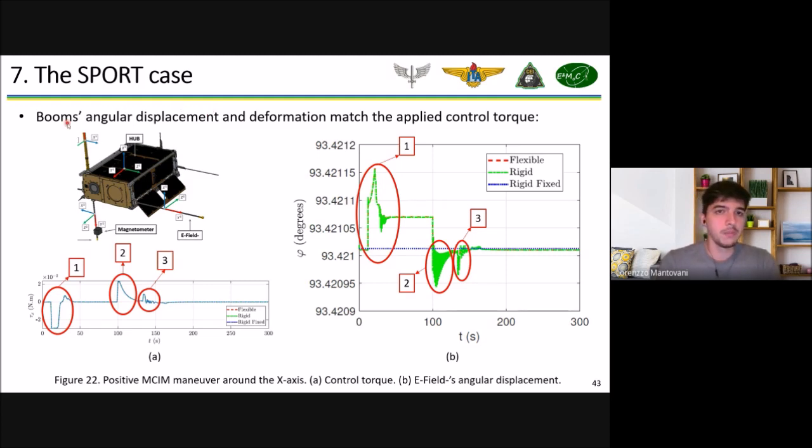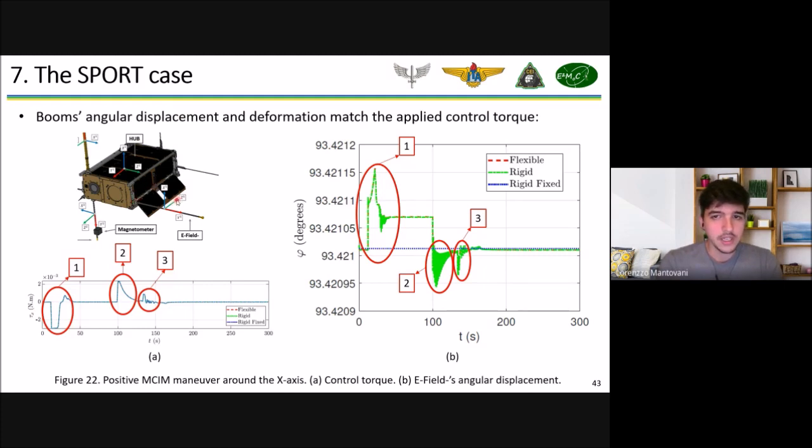For example, the boom's angular displacement and deformation match the applied control torque. So I'm showing you here on the left bottom part a graphic showing the torque applied to the reaction wheel around the z-axis, the x-axis of the satellite. In the first part, we have negative torque, so the satellite should rotate counterclockwise. And if you think about it, a rotation counterclockwise will make this base of the boom go in a positive direction here.